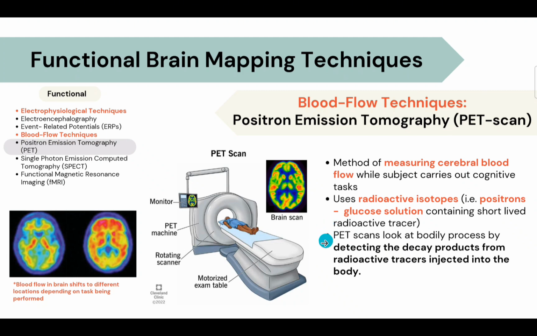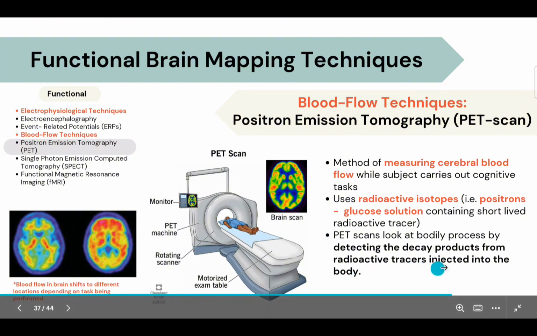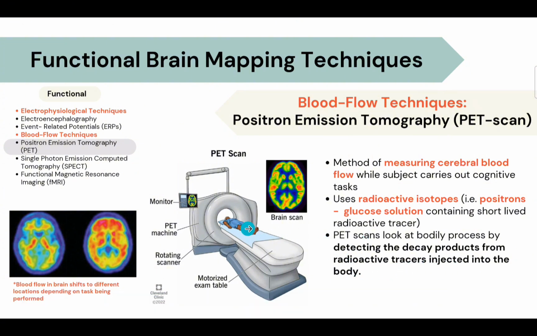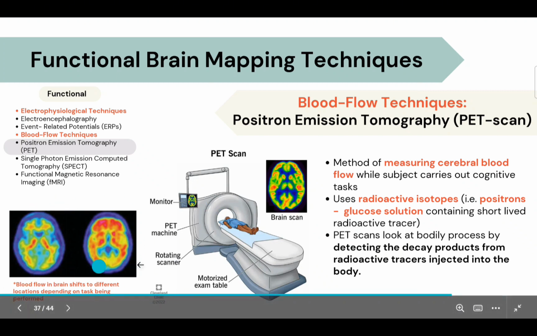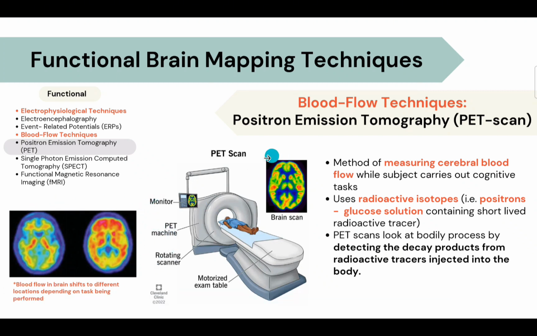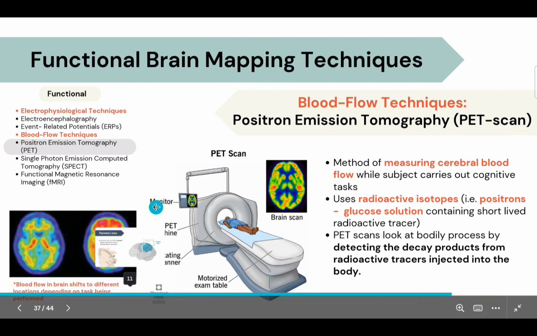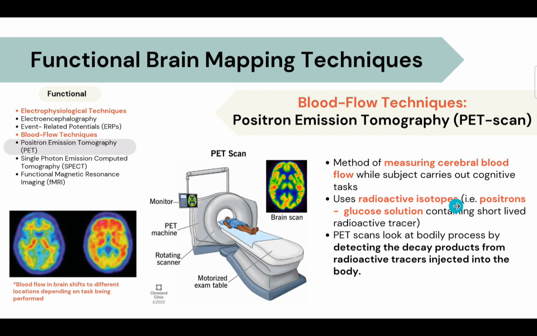Alright, so the radioactive tracers will be injected into the body, and then they will go through this PET scanner, and then this is the kind of brain images diagram that it will give you. A very vibrant color, you know, where the blood flow in the brain shifts to different locations depending on tasks being performed. Alright?